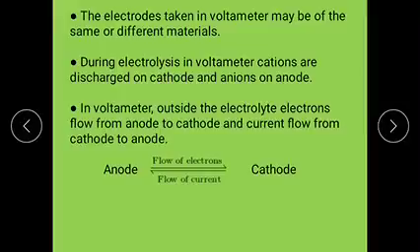In a voltameter, outside the electrolyte, electrons flow from anode to cathode, and current flows from cathode to anode.